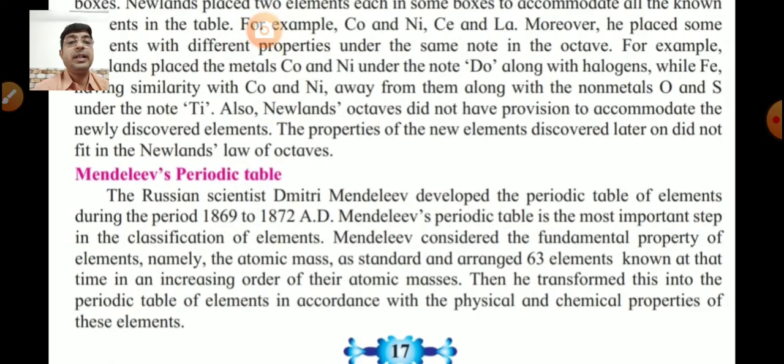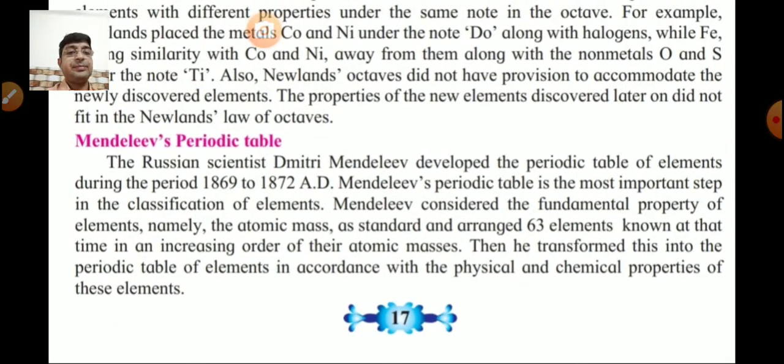Third scientist, Mendeleev's periodic table. You underline Russian scientist. The Russian scientist Dmitry Mendeleev developed the periodic table of elements during the period 1869 to 1872 AD. Mendeleev's periodic table is the most important step in the classification of elements. Mendeleev considered the fundamental property of elements, such as atomic mass.